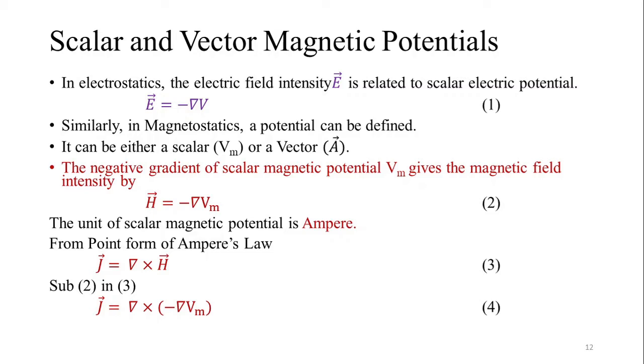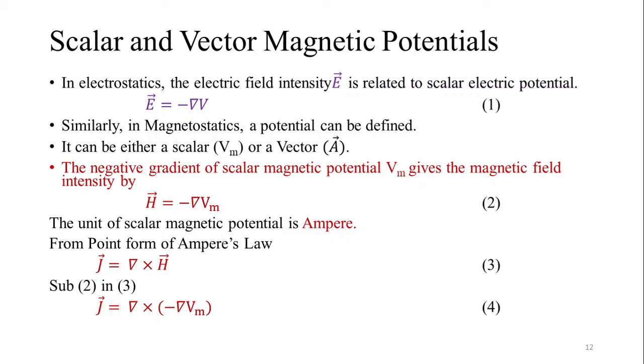In electrostatics, we can calculate the electric field using three different ways. One is using Coulomb's law, that is the most generalized form, the second one is using Gauss law, and the same can be computed using the potential called the scalar electric potential V. So E can be calculated using three different ways.